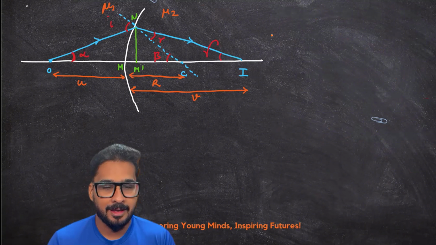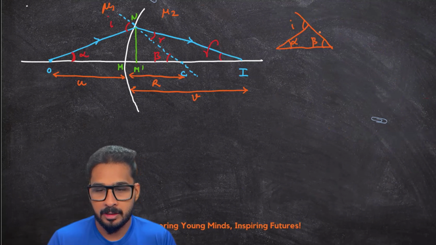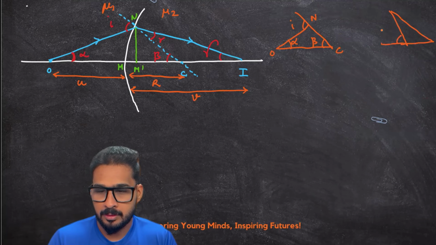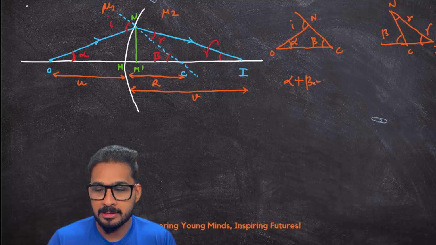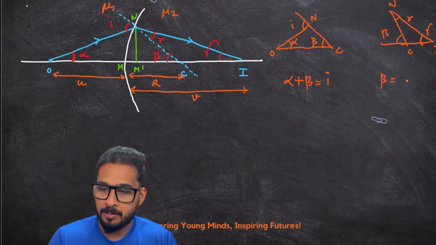Now consider the triangles with angles i, alpha and beta, that is N, C and O. Similarly, consider the other triangle. This is angle beta, this one, that is N, C and I, gamma, and this is r. By using the exterior angle property of the triangle, I can write alpha plus beta is equal to i, and similarly I can write here beta is equal to r plus gamma.